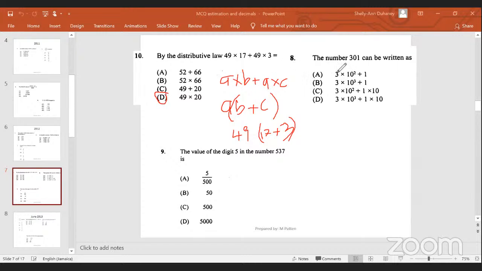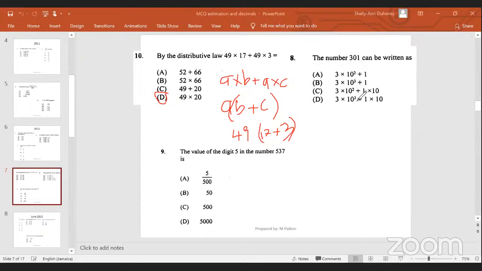All right, number 8. The number 301 can be written as A, 3 times 10 to the second power plus 1. Let us eliminate. It couldn't be D, because if you multiply 3 to the third and then you have 1 times 10, that is 3,000, and the question says 301.